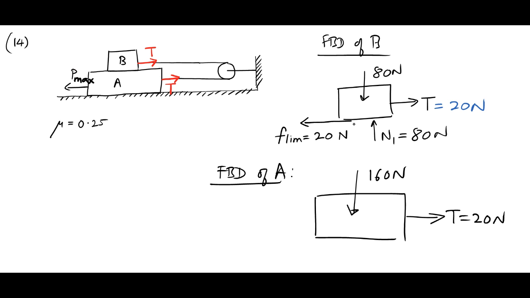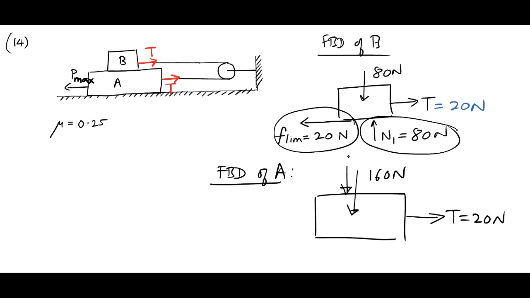Now these two forces are forces applied by A on B. They are contact forces, friction and normal reaction. So by Newton's third law, the same forces act but in the opposite direction on the lower block, on A. So the normal reaction exerted by B on A is once again 80 newtons. There's no place to the right of this arrow, so I'll show it towards the left.